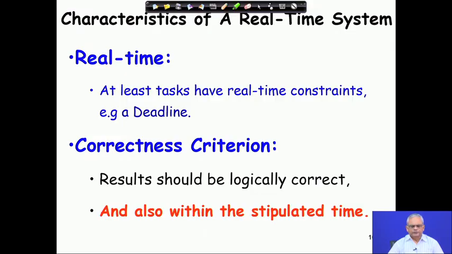And also another important aspect of a real time system is that the result not only should be logically correct, but also should be produced within the stipulated time. So, just that the correct result has been produced does not make the system correct, but time is an important criterion, and if the correct result is produced after the required time, even then the system will be considered to have failed.